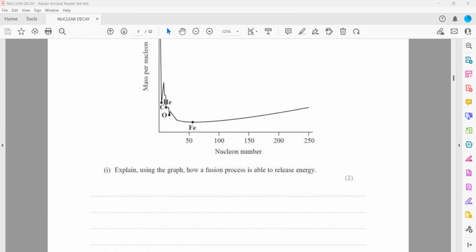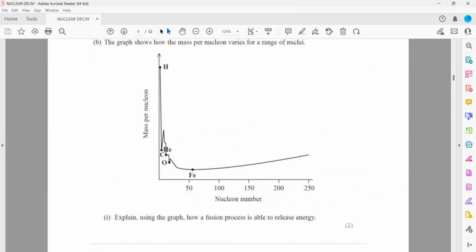Basically, in nuclear fusion, the lighter nuclei change to heavier ones. From the graph, you can see the lighter nuclei have more mass per nucleon and the heavier atoms have less mass per nucleon. So the mass will decrease. Originally the mass will be more and later the mass will be less.